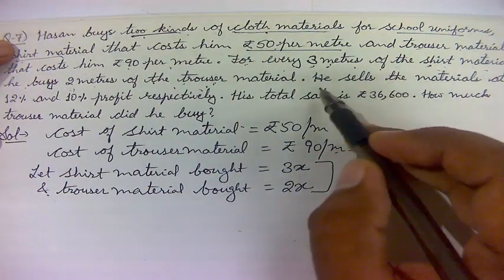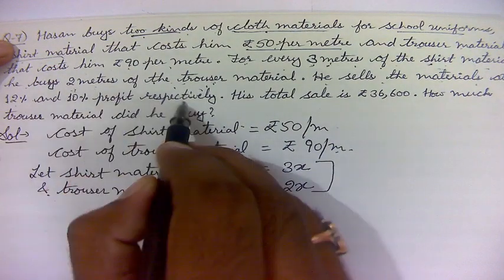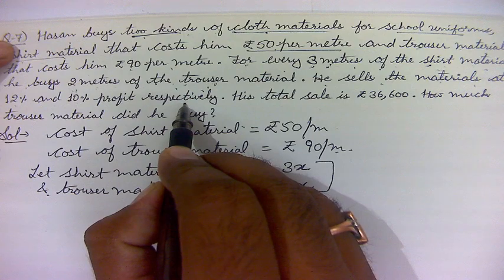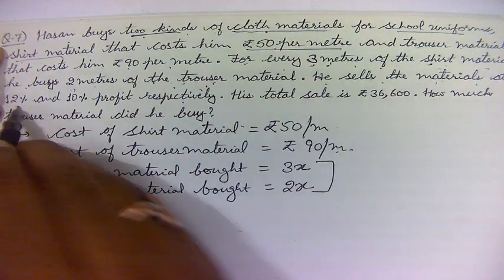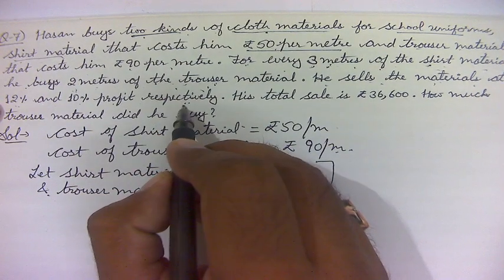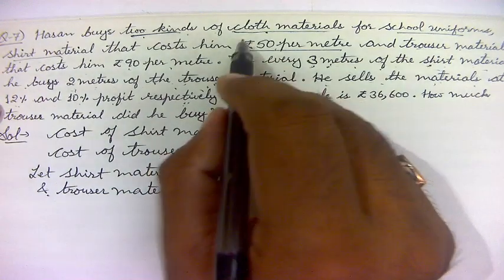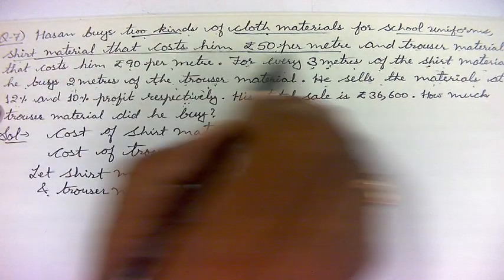Now he sells the materials at 12% and 10% profit respectively. See here, from the beginning they are giving you shirt material first.